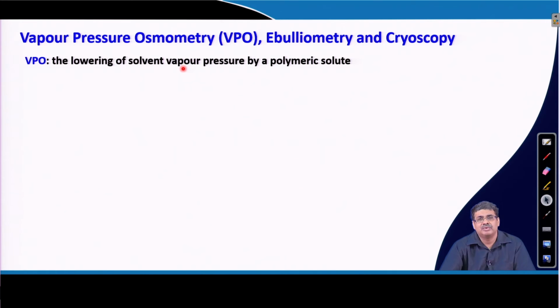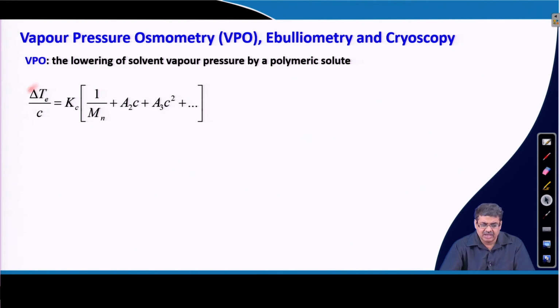What we do is maintain a solvent and a solution chamber, and the temperature is varied to keep the vapor pressure on both sides equal, and we can express this delta T by C like the pi by C. We can write a similar expression where the constant term is different.